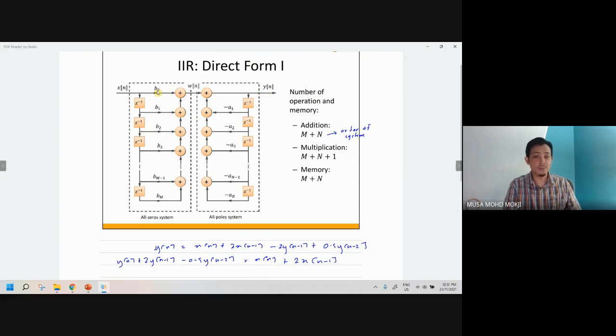We have B0 because it can change, so you can have any value. But for yn, we don't have to put it here because it's always equal to 1.